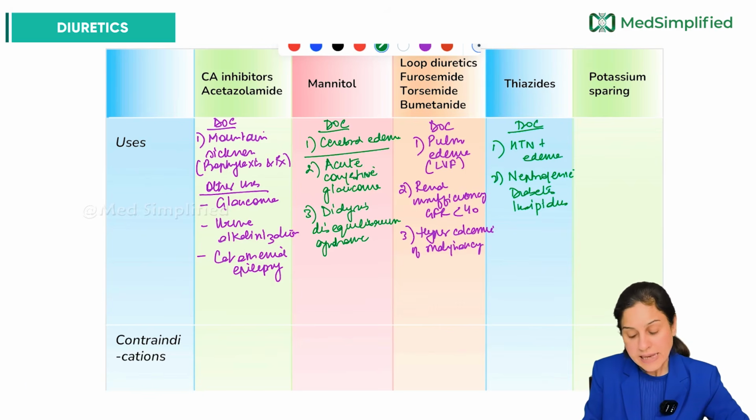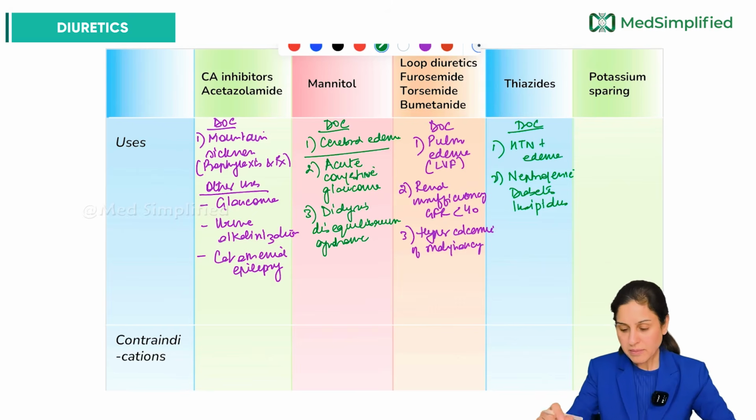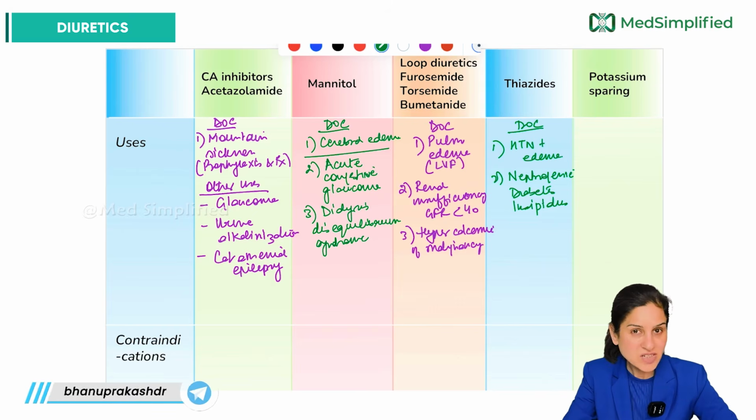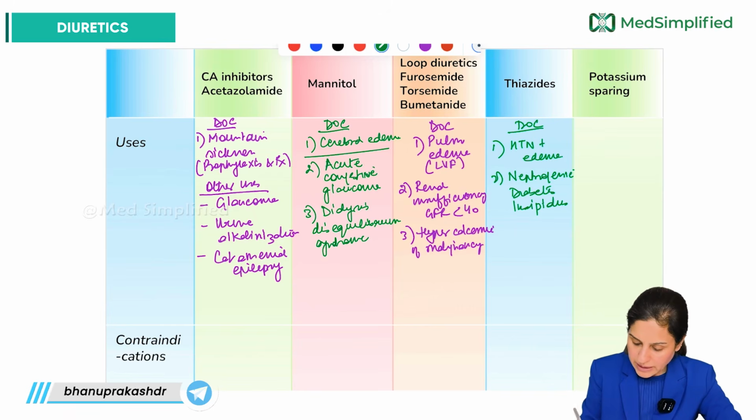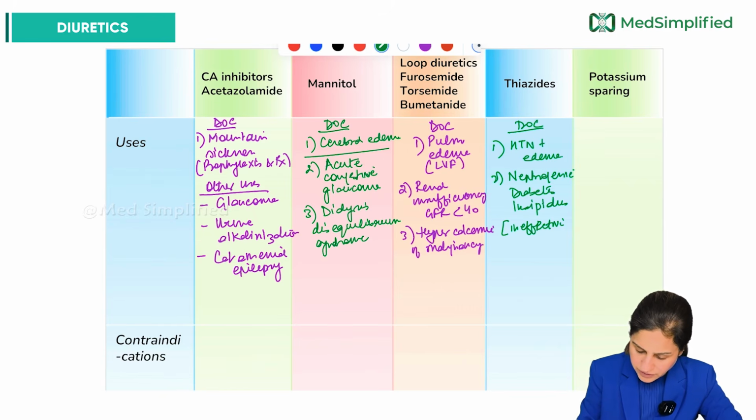Then where else can it be used? Remember, if GFR is less than 40, then this is ineffective. So remember, it is ineffective in renal insufficiency.